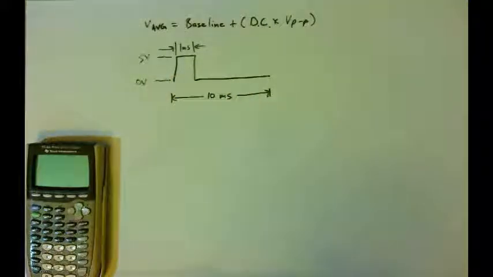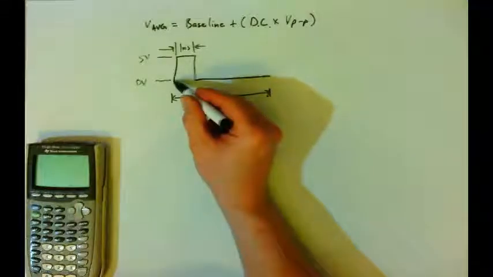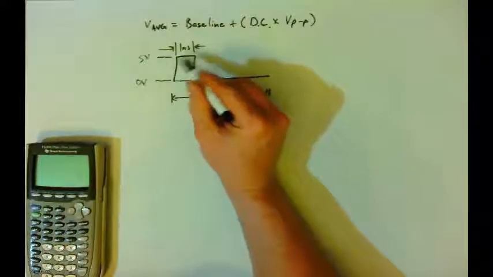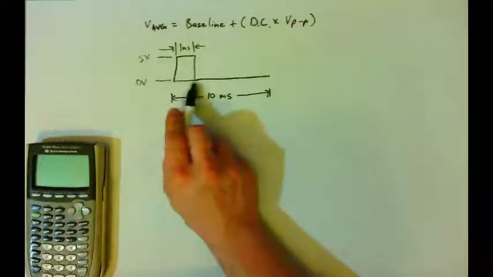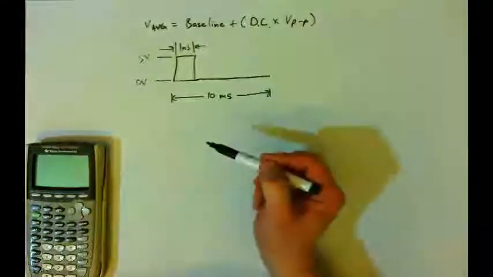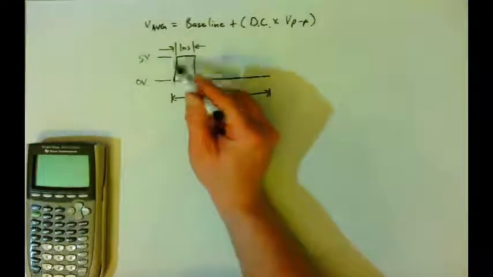And so to think about this, what that means is we want to essentially find the area of the rectangle here, right? The length of this rectangle is 1 millisecond, and the height of this rectangle is 5 volts. And so the width here is the pulse width, and the height here is the voltage.